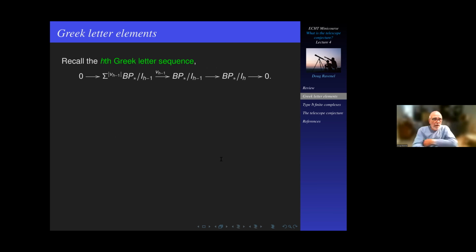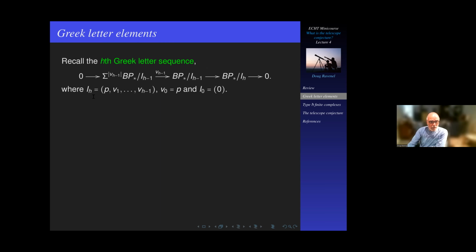So in the first lecture, there was something that I called the Greek letter sequence. This is a short exact sequence of BP_* modules that happen to also be comodules over BP_*BP.